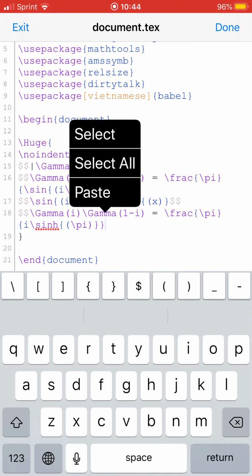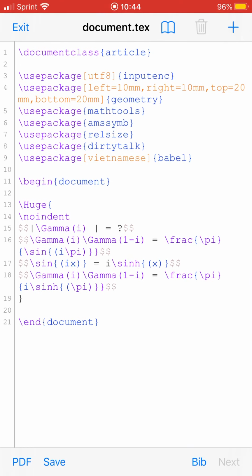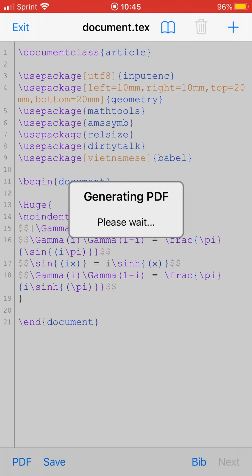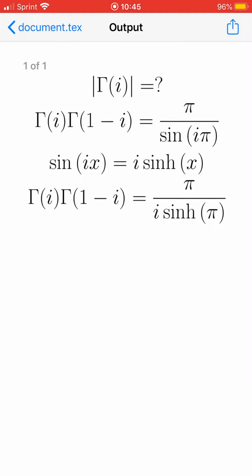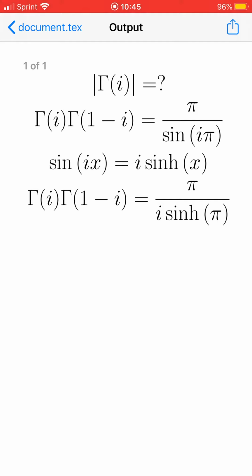Sinh is hyperbolic sine. So gamma of I times gamma of 1 minus I equals pi over I times sinh pi.